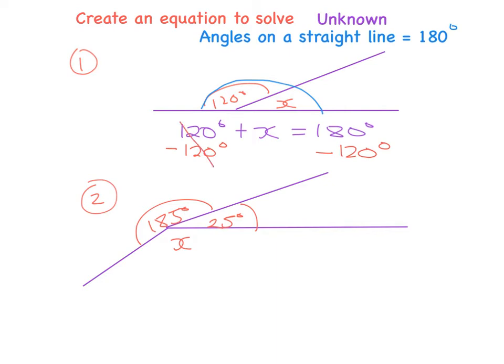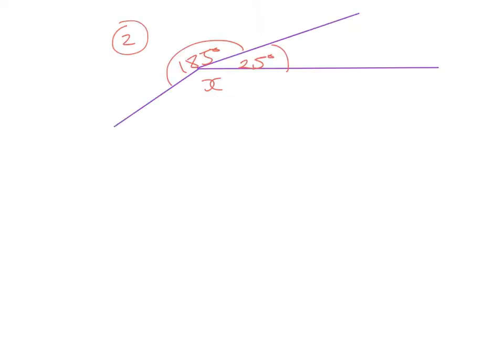My new line of the equation is going to be x equals 180 minus 120, which is 60 degrees. Okay, I've just given myself a little bit more room now to do the second one.